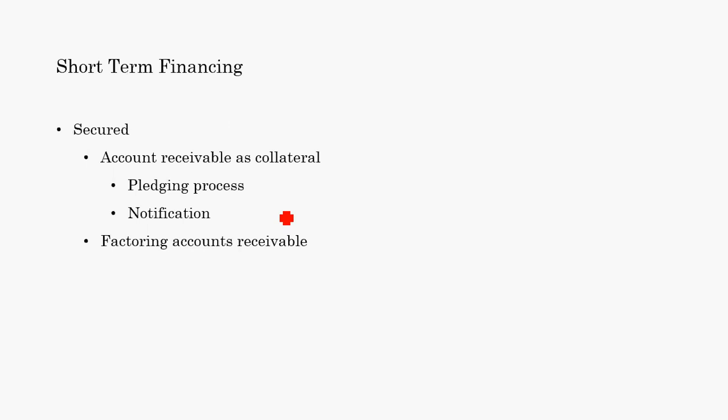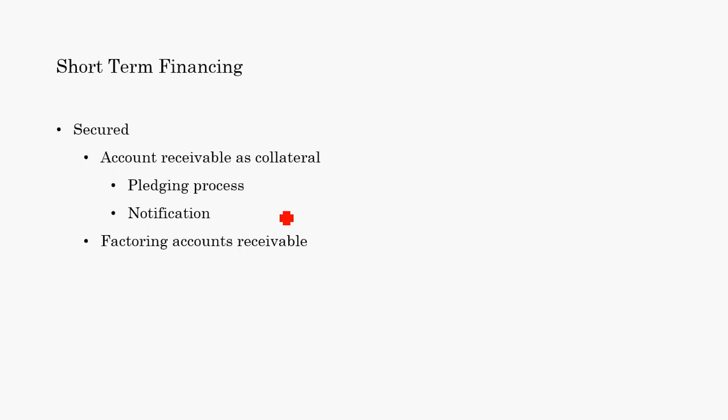For example, let's take that a customer has to pay this 100 rupees in 20 days. The factor can pay the agreed upon 90 rupees to the company when the customer pays this 100 rupees anytime before the 20 days, or at the end of 20 days.